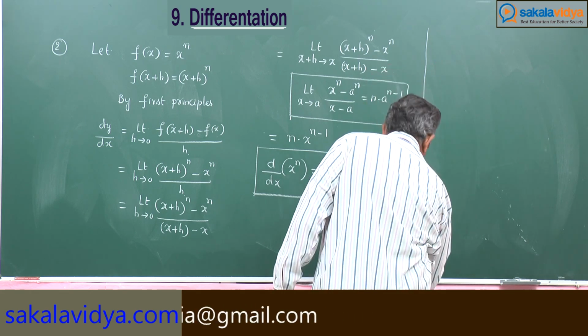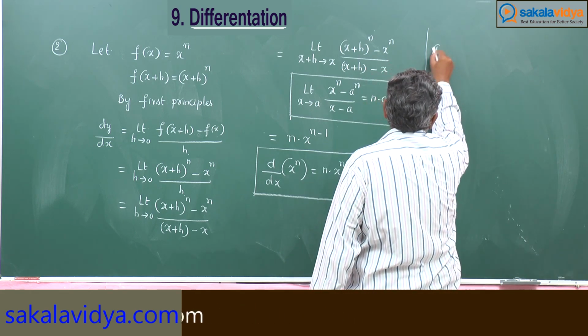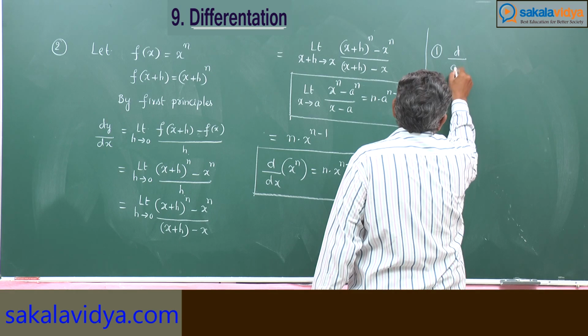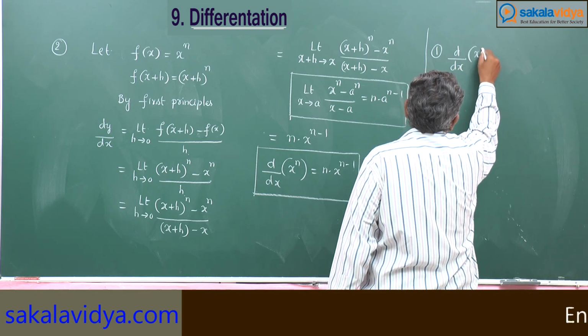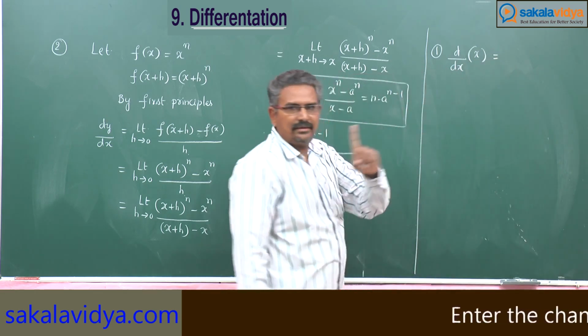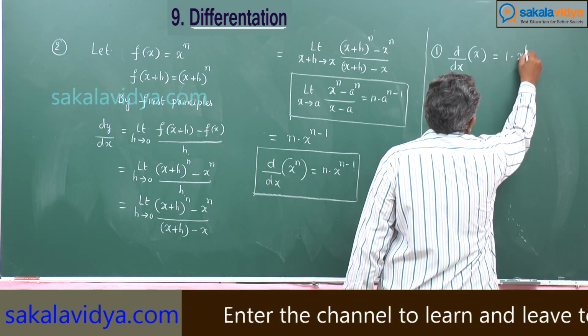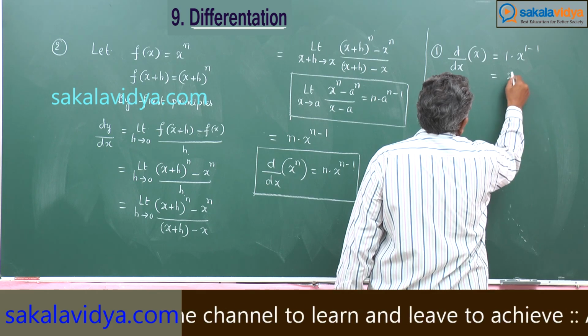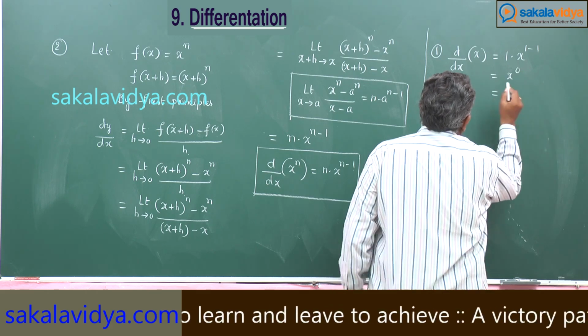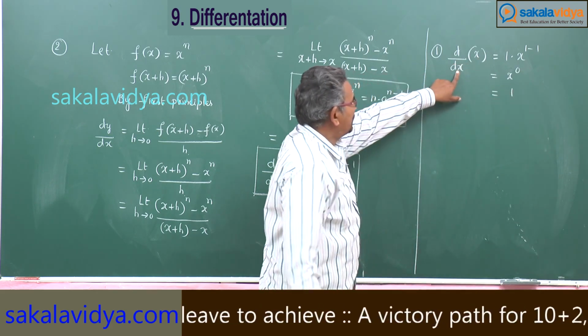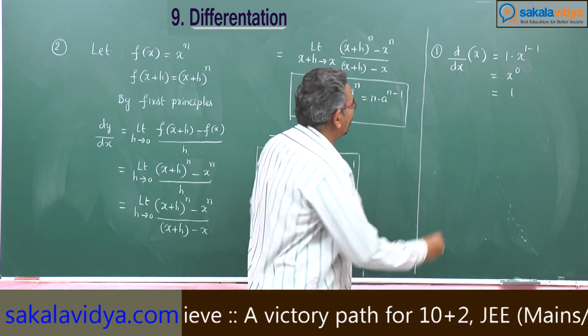Here the first one, d by dx of x. x means what is the power? 1. So, 1 into x to the power of 1 minus 1, so x to the power of 0, that is equal to 1. Derivative of x with respect to x is 1.